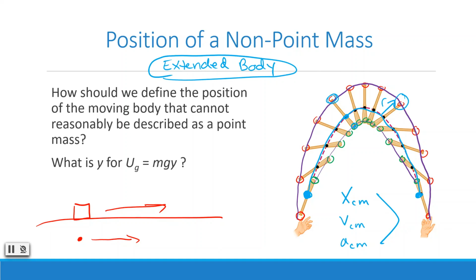Picture a rod that has a pivot point. I've got a pivot point right here, some sort of hinge, and I have a rod here. Let's say that this is an XY plane, and we have the ground here, so that the rod is parallel to the ground.